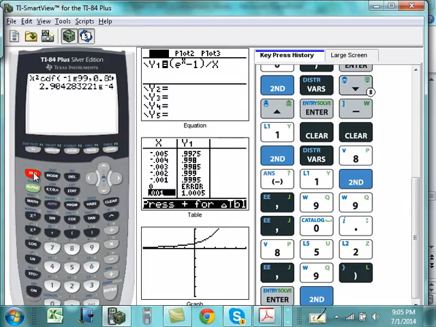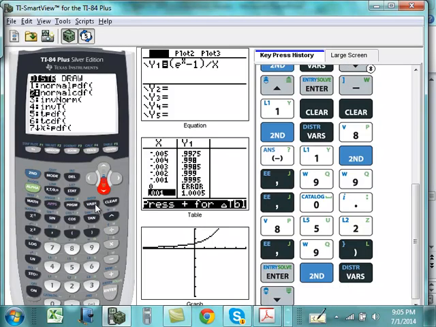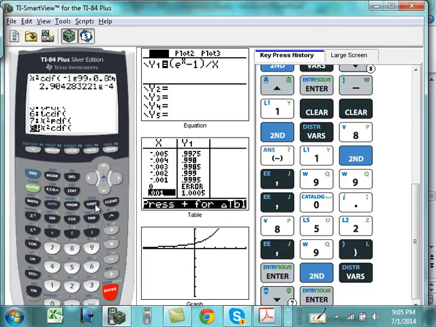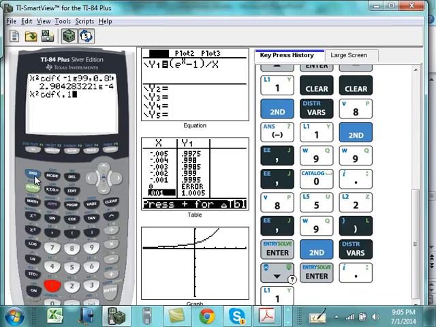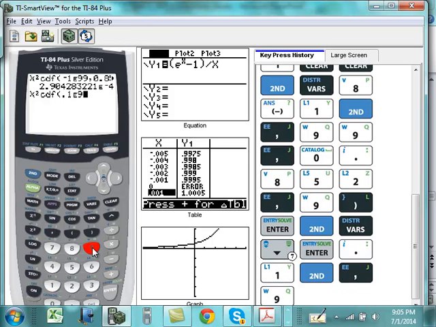So we're going to go into our distribution menu, and we're going to go down to option 8. And the first value that you're going to put in is negative infinity. So that's negative 1 times 10 to the 99th power.